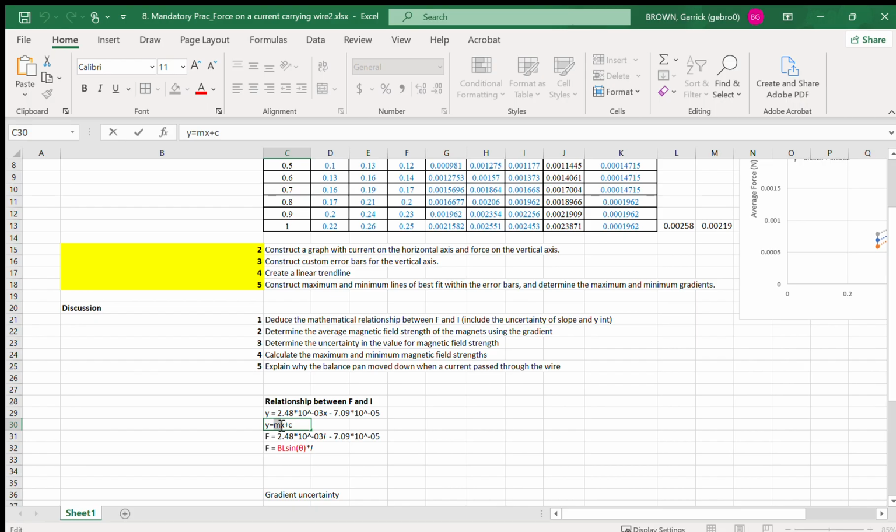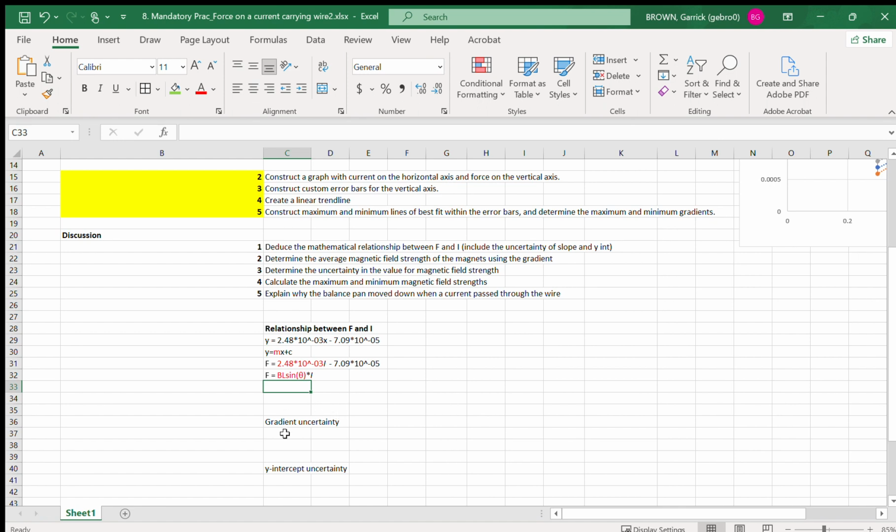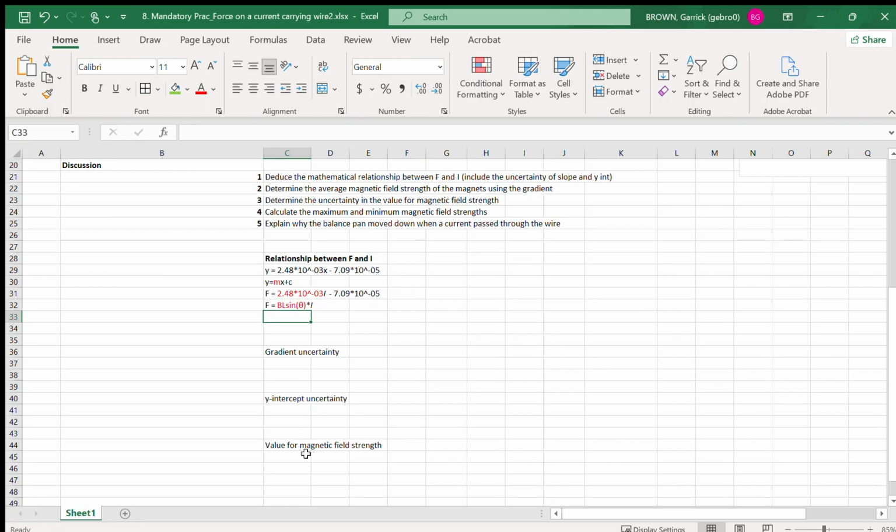Okay. And in this instance, that is equal to 2.48 times 10 to the negative 3. So now we can say that, am I jumping ahead? Maybe a little bit. Okay. We'll leave it there because down here we determine a value for the magnetic field strength. I was about to jump ahead and do that.